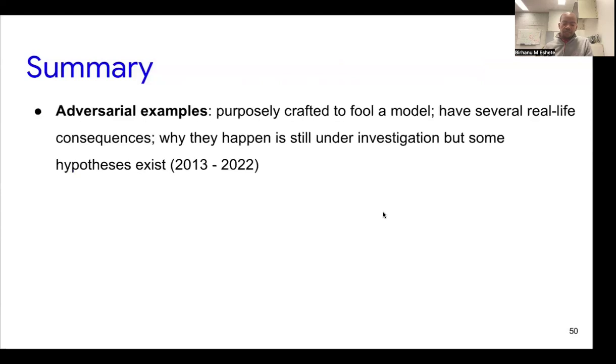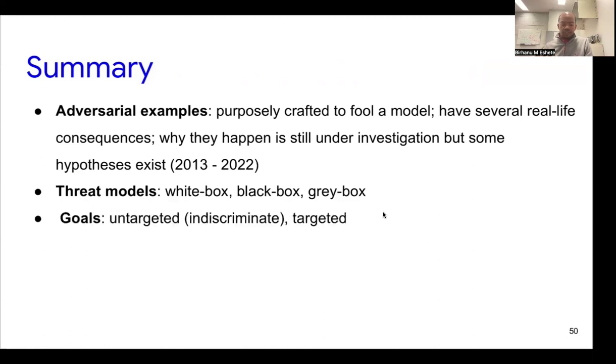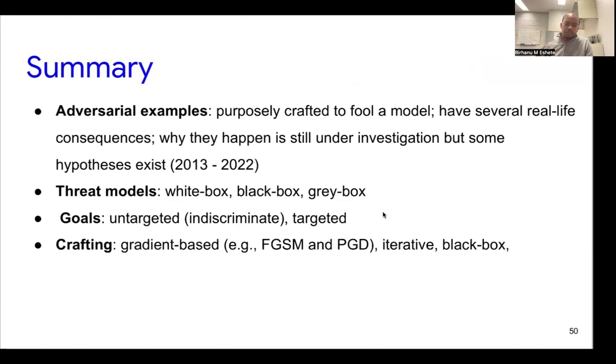Okay, so finally, in this lecture we talked about adversarial examples, what they are, what their implications in real life are, and why they happen. We talked about the threat models: white box, black box, and gray box. We talked about the adversarial goals, which could be untargeted or targeted. We talked about how we can craft adversarial examples.